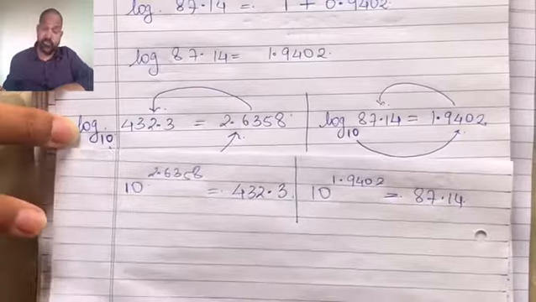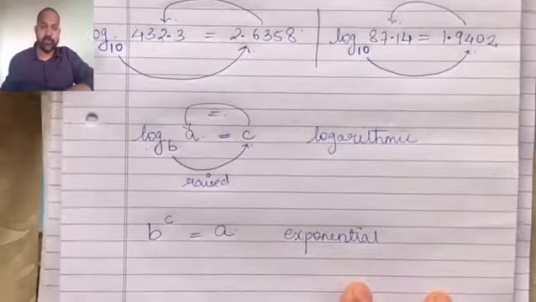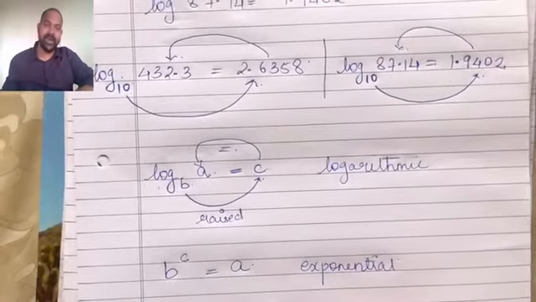And this is the first log rule that we are going to do, and that is the exponential and the logarithmic relationship between a, b and c.